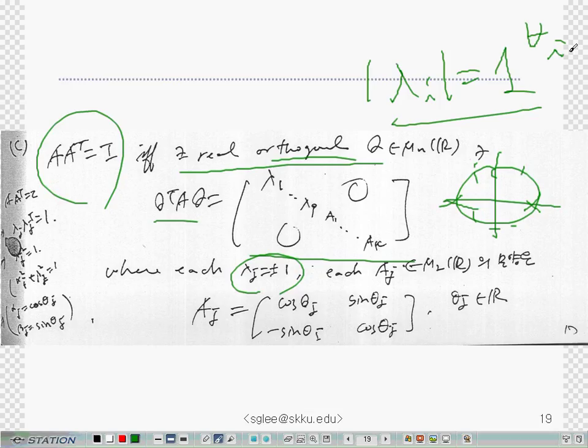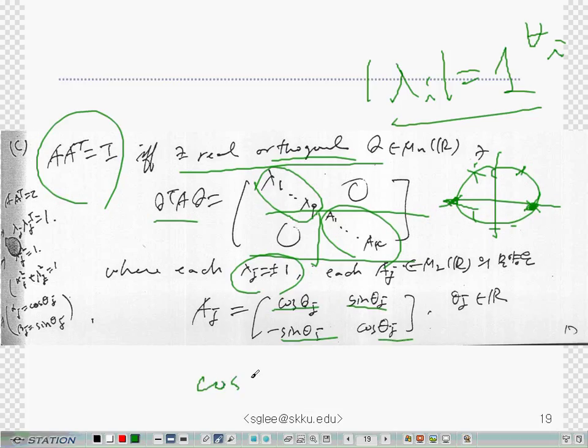If here and here, then those are the real eigenvalues. So here you have real eigenvalues, and here you have complex eigenvalues. The complex eigenvalues are on this unit circle. This is because all of the eigenvalues can be written as cosine theta j plus i sine theta j, something like this, isn't it?